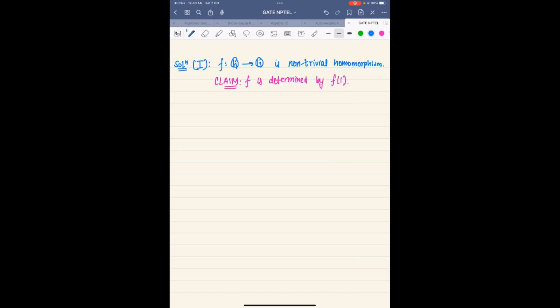And why is that? This is because, let n be greater than 0, belonging to the integers.